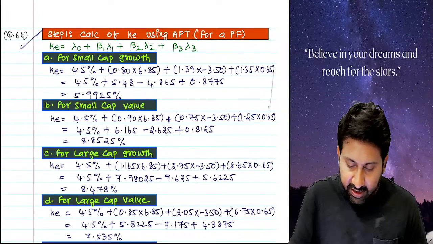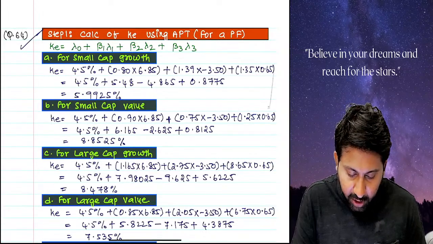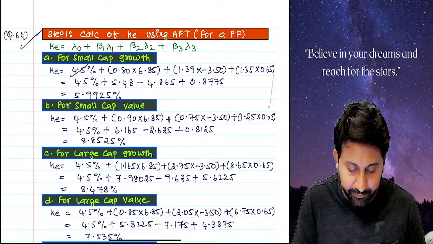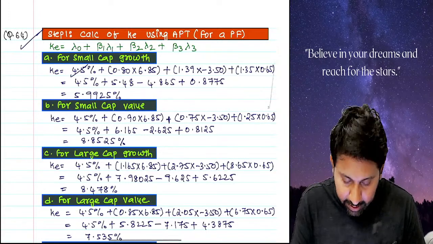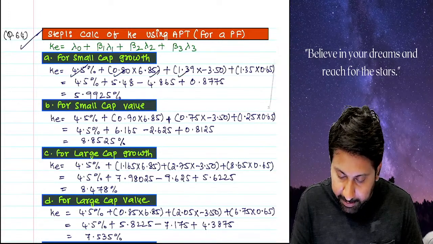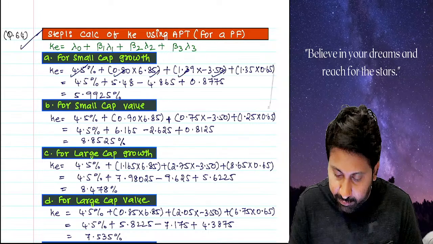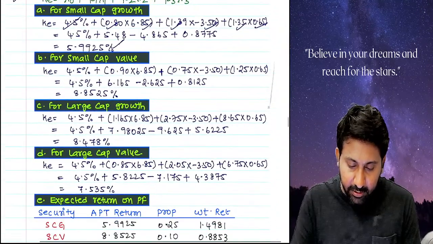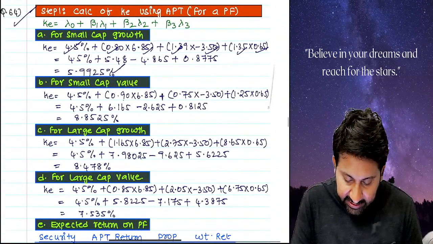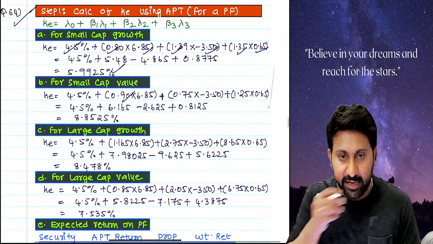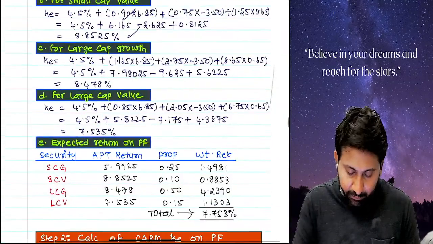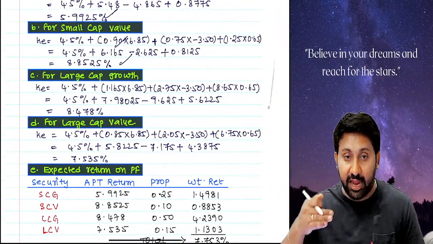So they are giving 3 situations. Small cap growth: lambda 0, beta 1 lambda 1, beta 2 lambda 2, beta 3 lambda 3. You will calculate. Small cap value: the betas are changing but the risk premium will be the same. You will calculate 4. These are all individual calculations.